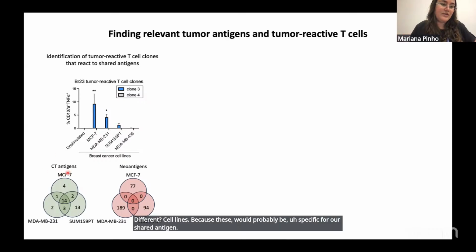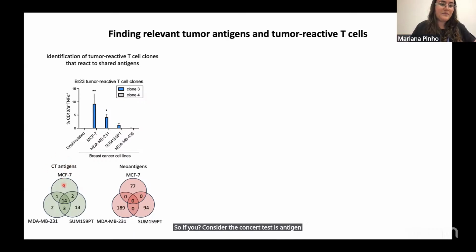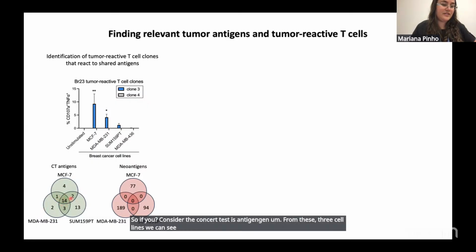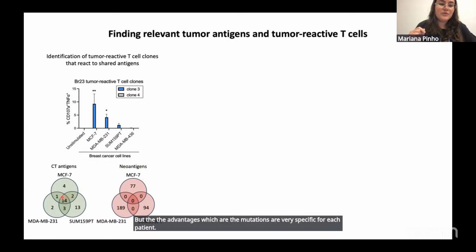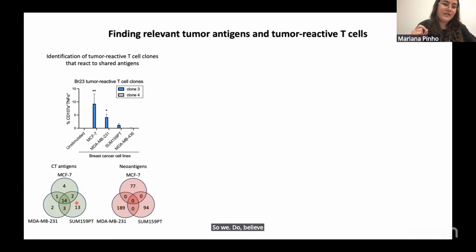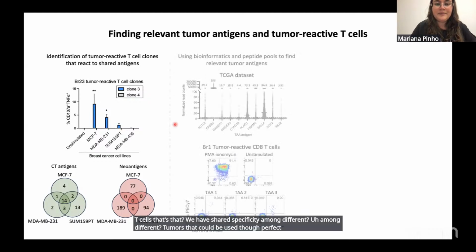If you consider the cancer testis antigens, from these three cell lines we can see that they share some of these antigens that we already know, but the antigens which are the mutations are very specific for each patient. So we do believe that we might be able to find some T cells that will have shared specificity among different tumors that could be used therapeutically.